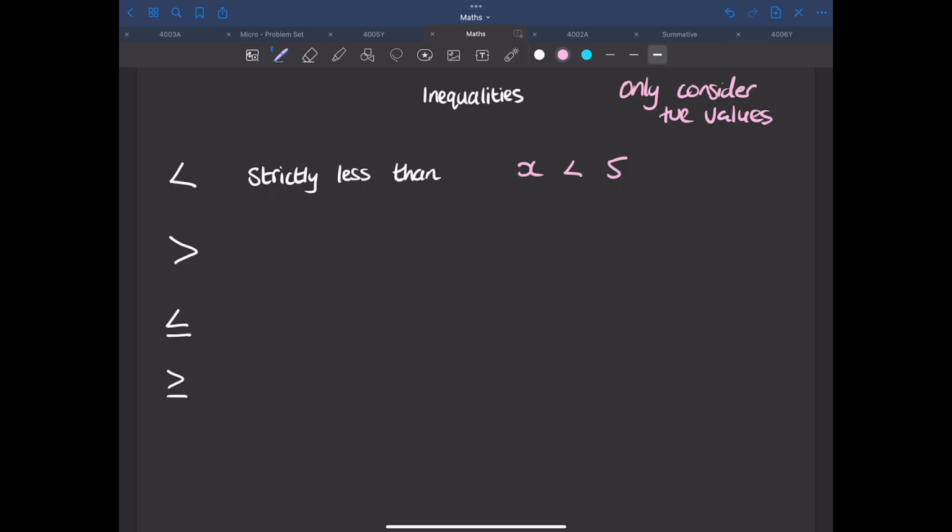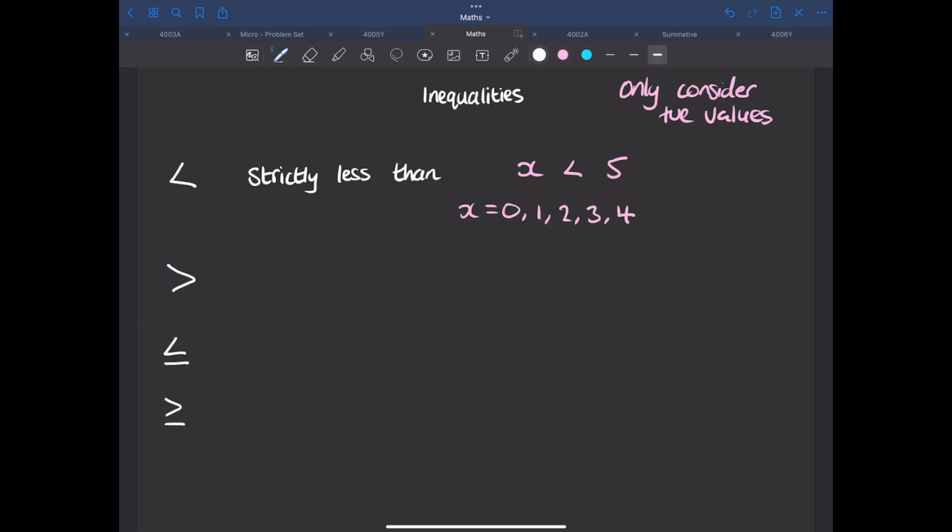So x can be 0, 1, 2, 3, or 4. It can't be 5 because it's strictly less than 5, right? So that basically means it doesn't include the value that's being shown, but anything before it is considered.